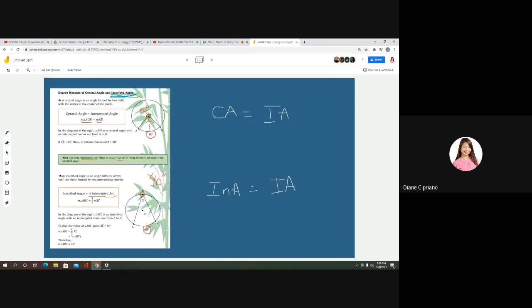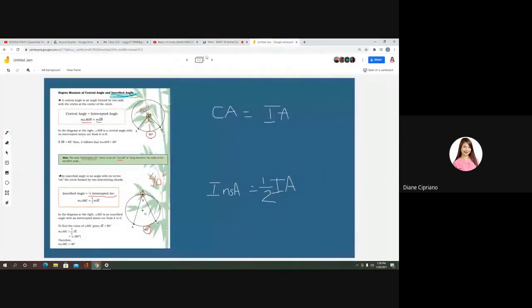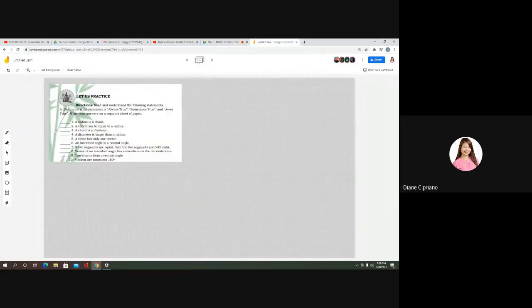Okay? Lagyan natin itong S para ito yung inscribed. And is half of the intercepted angle. Question with our slide 6? None. Okay.